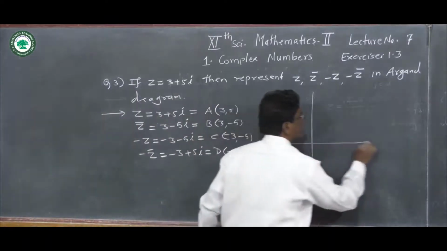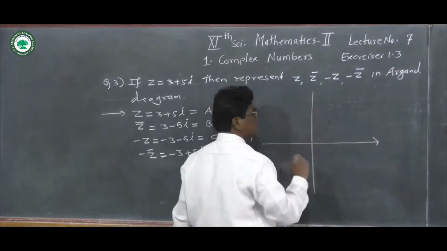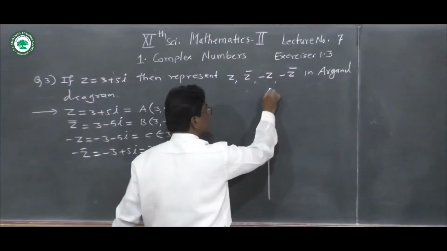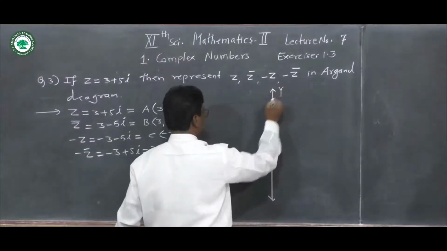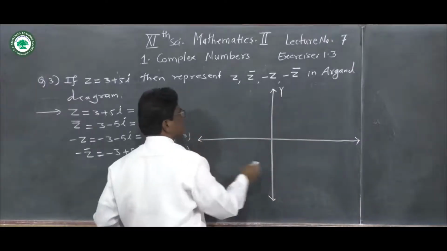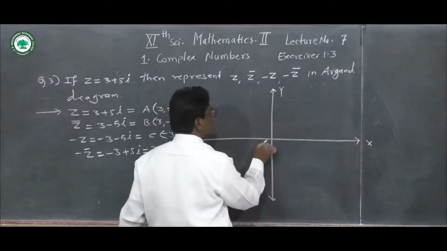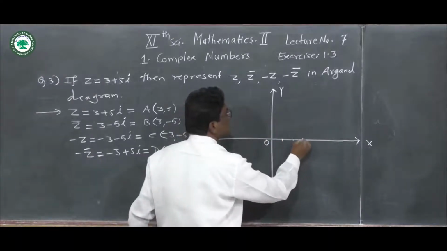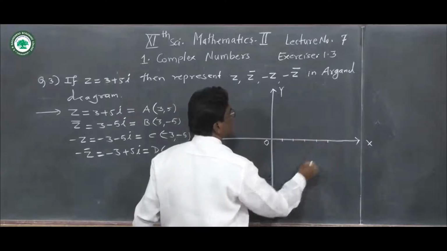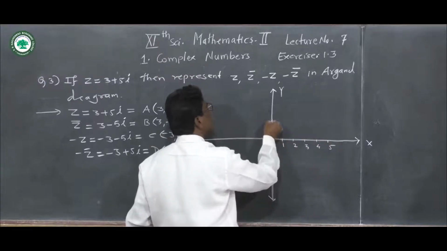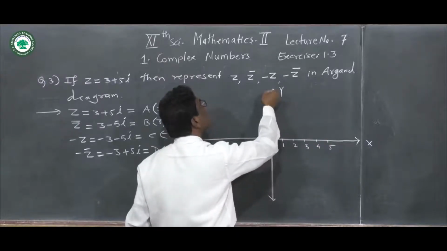We construct the x-axis and y-axis. We call the x-axis the real axis and the y-axis the imaginary axis. Suppose this is the y-axis and this one is the x-axis. Here 0, or we call it O. Here 1, 2, 3, 4 and 5, and here also 1, 2, 3, 4 and 5.